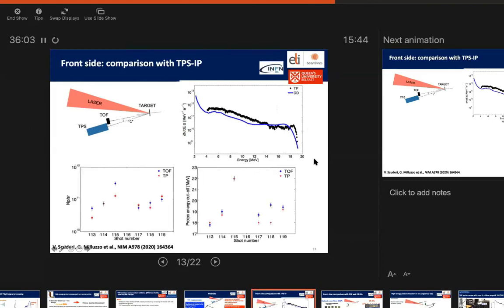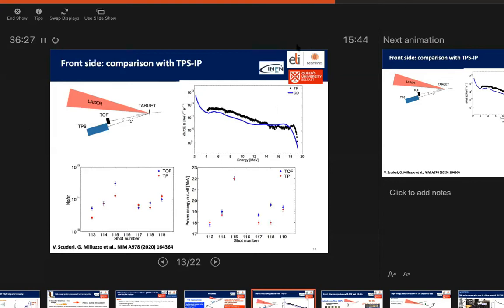The TP was calibrated in energy. Yes, but it was an image plate. There is a publication done, I think, by Domenico. They published the calibration of the image plate with protons in the same energy range, so that they could give us the absolute number of protons.